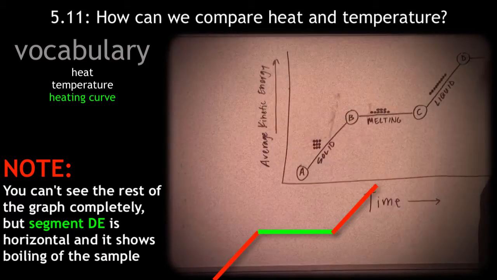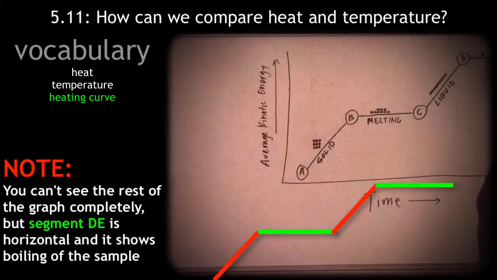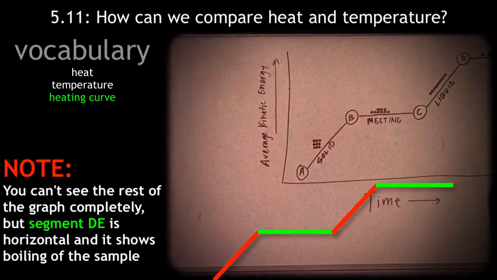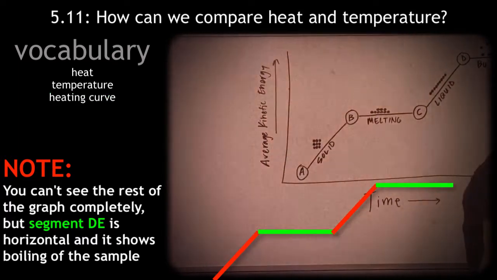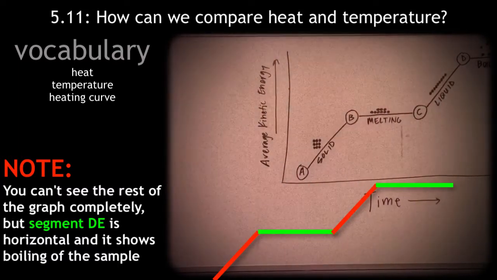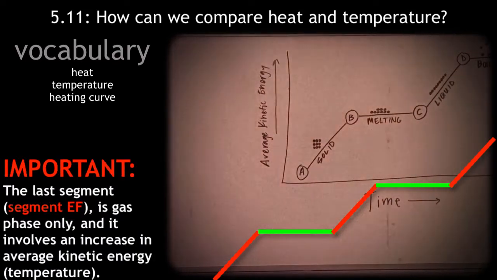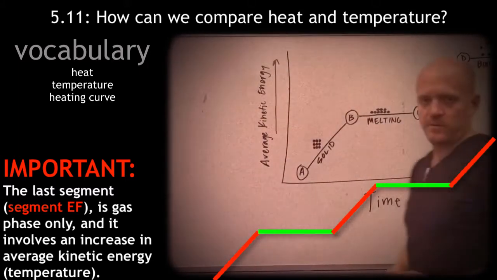And finally, here, we're starting to have some liquid phase, and then we're also having some that is in the gas phase. So this is considered boiling. And then finally, from point E onward up to F and above, this is the gas phase, where it's only a gas.